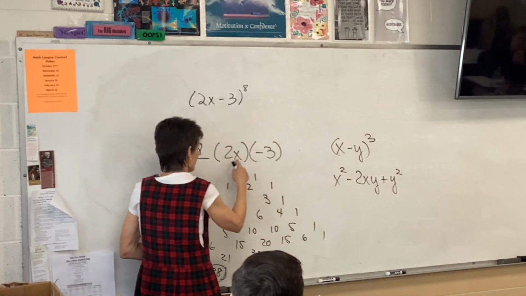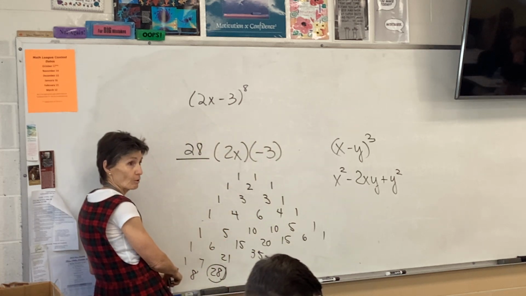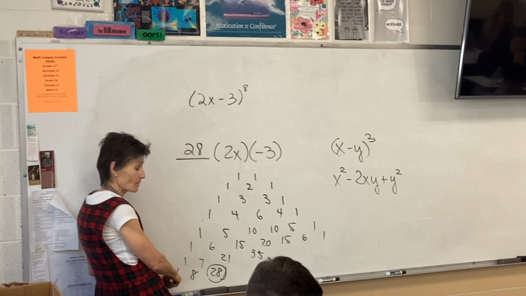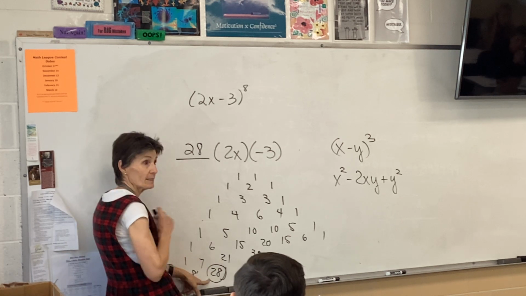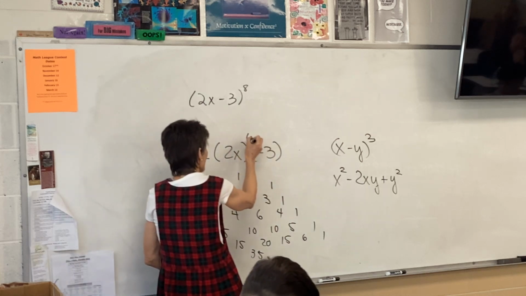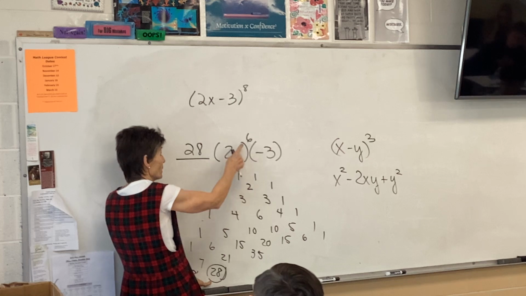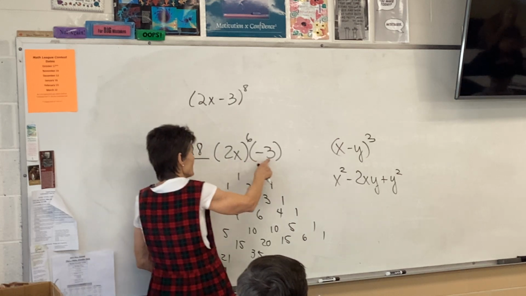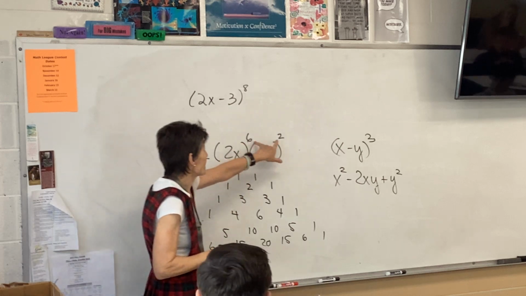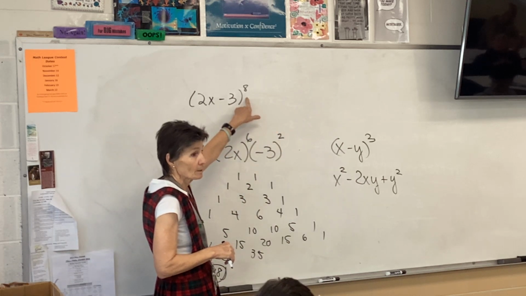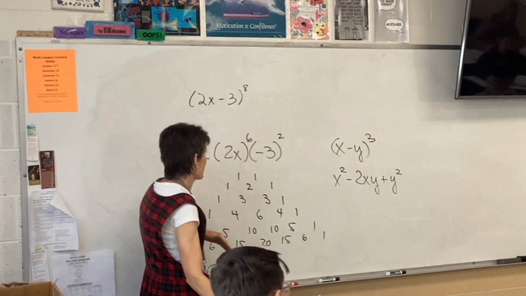So the exponent on my 2x in the first term would be 8, and then here it would be 7, and here it is 6. So the exponent on my 2x, the first piece of my binomial, is 6, which means the exponent on my 3 is 2, because they have to add up to 8. Okay? And then I just have to simplify it.